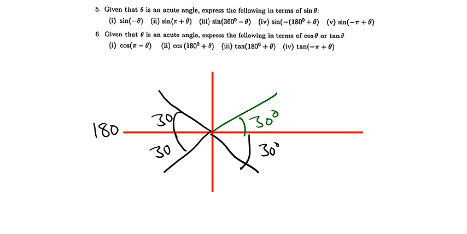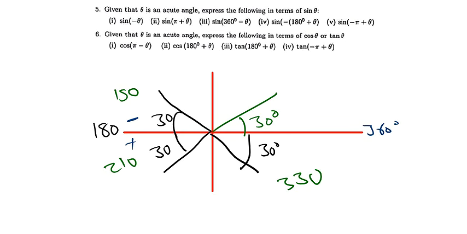For you to find an angle that is 30 after 180, you add; there you subtract; here you subtract the 30 from 360. So the angles you're going to find are going to be differences of the 30. Here it will be 150, there it's going to be 210, and there 330.